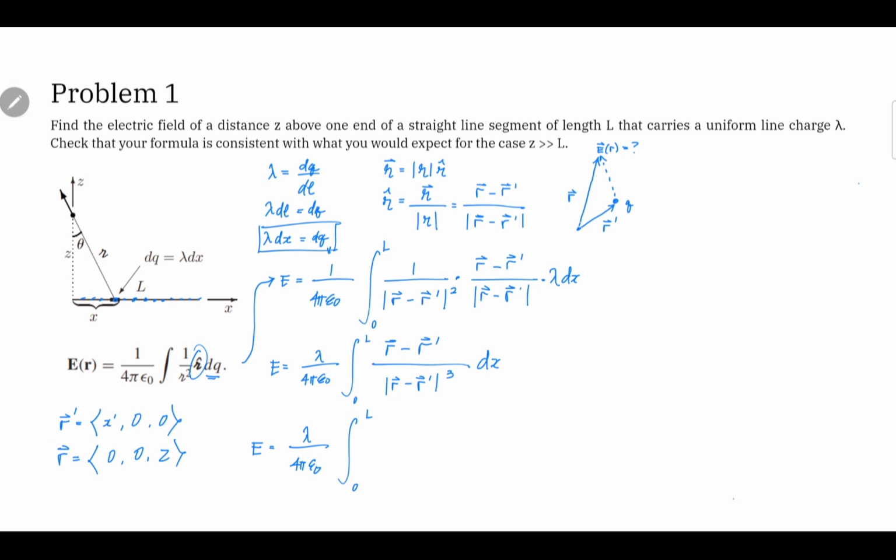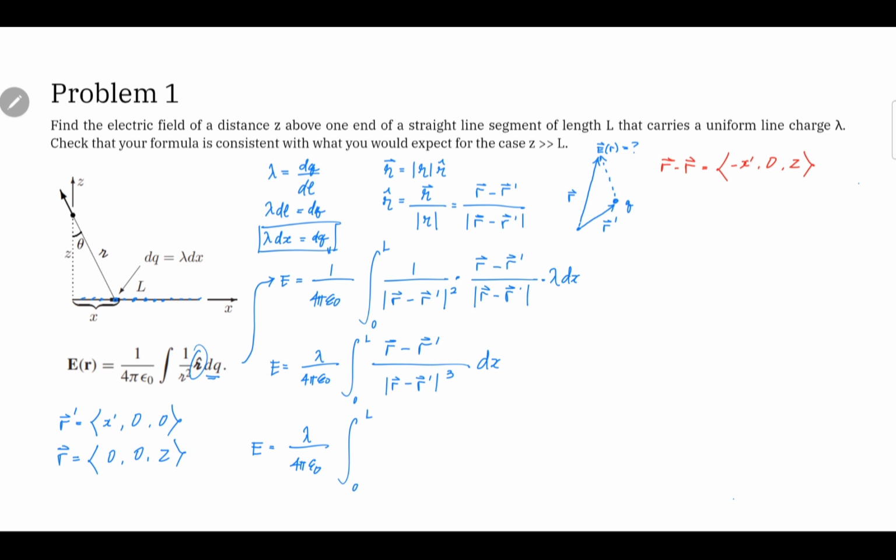So your vector r minus r prime is just going to be 0 minus x prime, so you have negative x prime, and you have 0 minus 0 is just 0, and z minus 0 is just z.